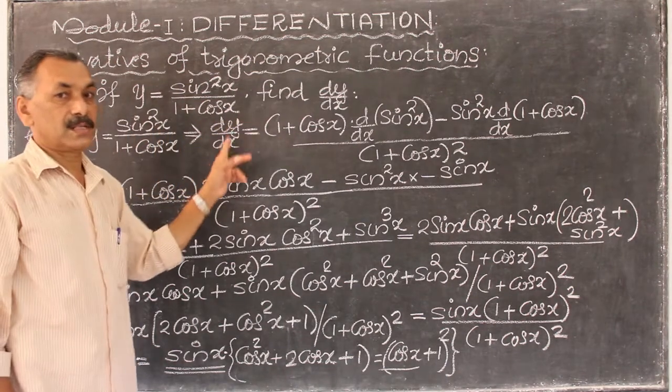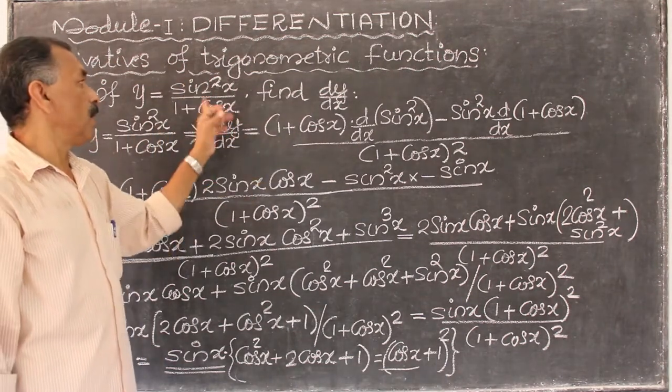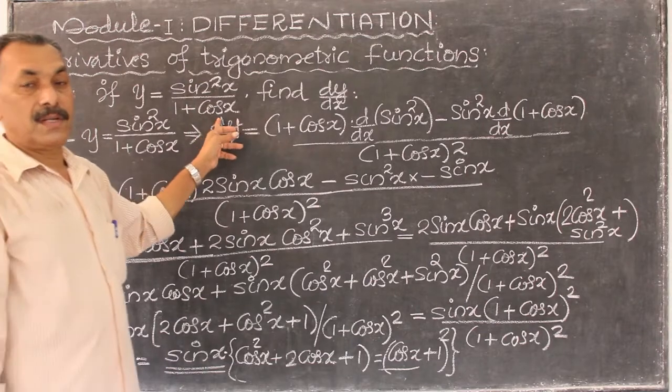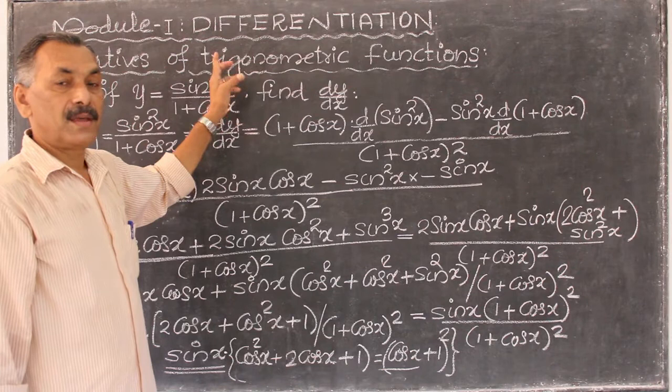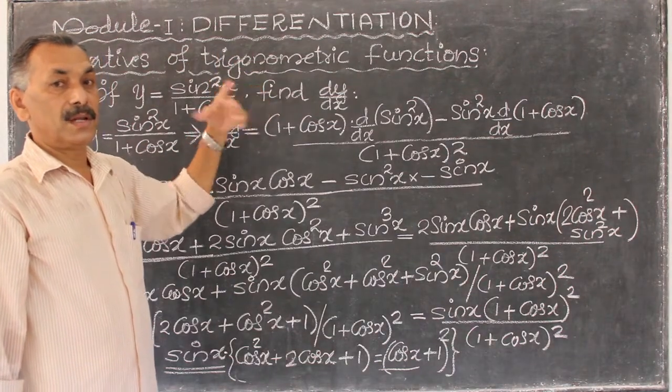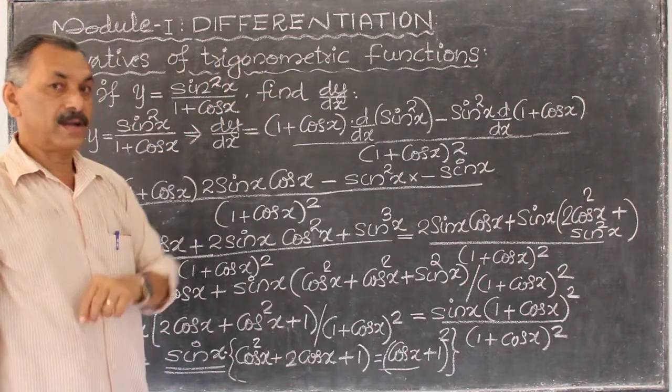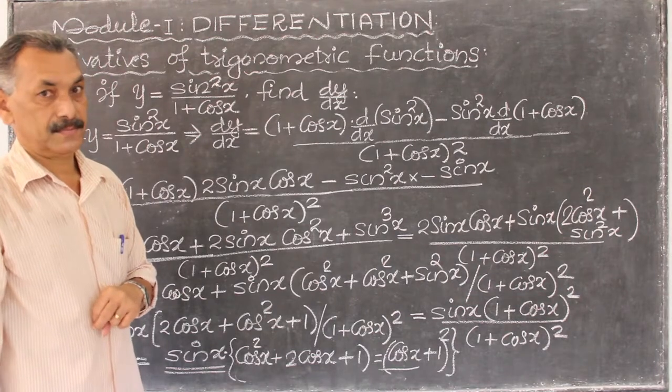The derivative of y with respect to x, dy by dx, is equal to the derivative of a quotient: denominator into derivative of numerator minus numerator into derivative of denominator, divided by denominator square.